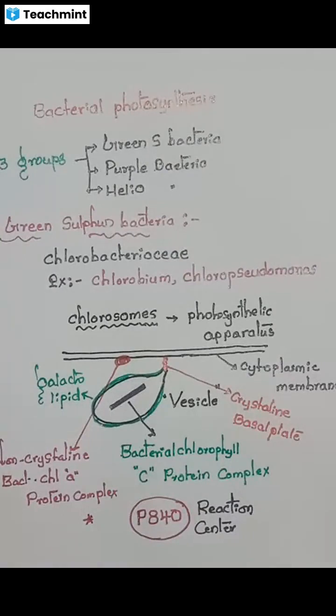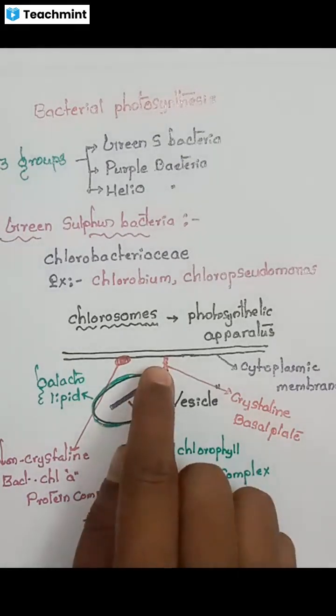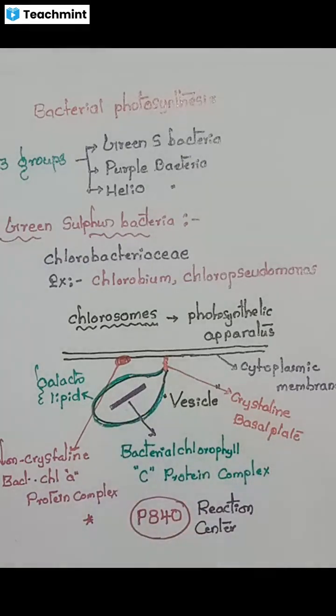The green sulfur bacteria belong to Chlorobacteriaceae. The common green sulfur bacteria are Chlorobium and Chloroseudomonas. Chlorosomes are photosynthetic operators, vesicle-like structures closely associated with the cytoplasmic membrane by the crystalline basal plate.